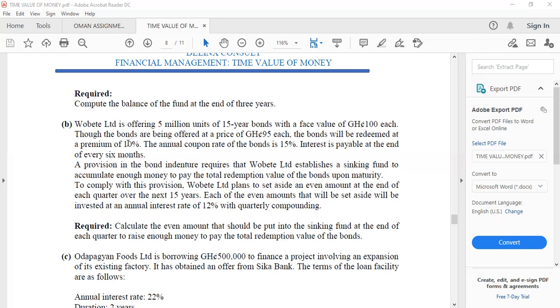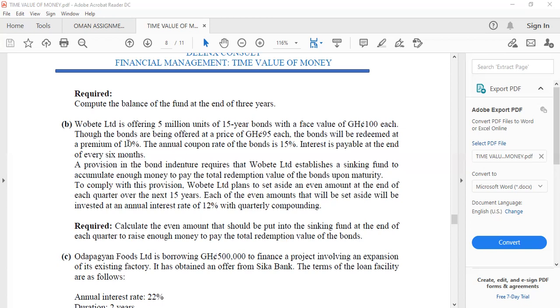Habakkuk, how much are you going to be paying to the bondholders at the end of the 15 years? How much are we making the provision to pay? It's not 550 million. Yes, it's 550 million, because we are paying at a premium of 10%.